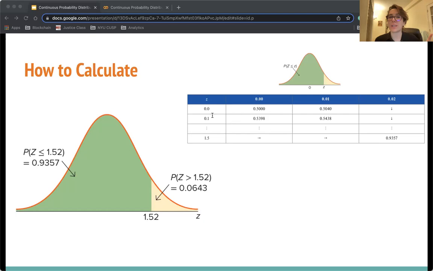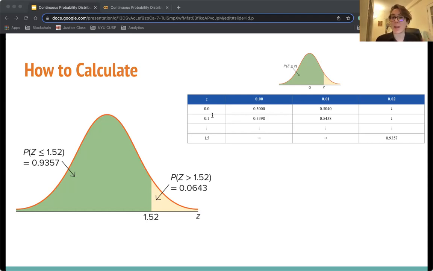Think of it as using the 10th place in that first column, and then you move to the right to find the right 100th place to look up in the table. So since this is 1.52, we find the 1.5 in the first column and then shift to the right until we are in the right 100th column, 0.02.